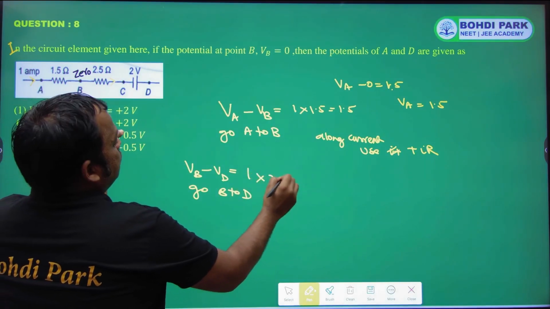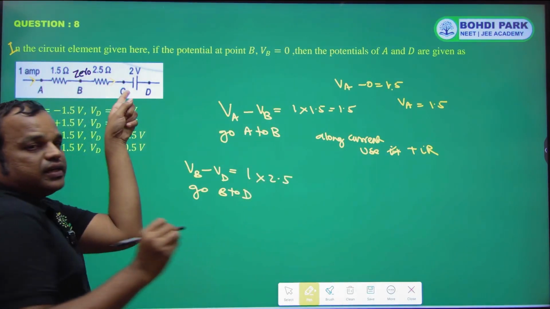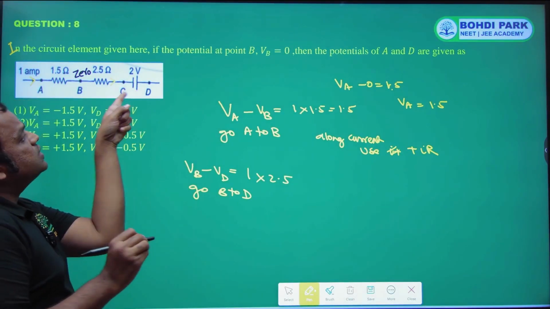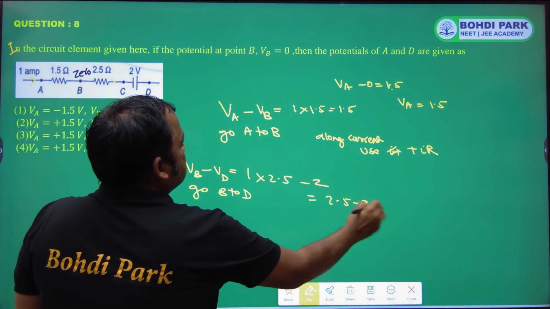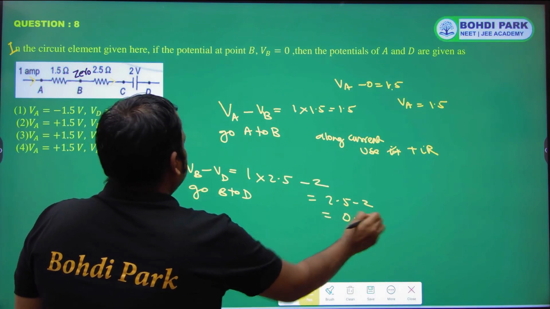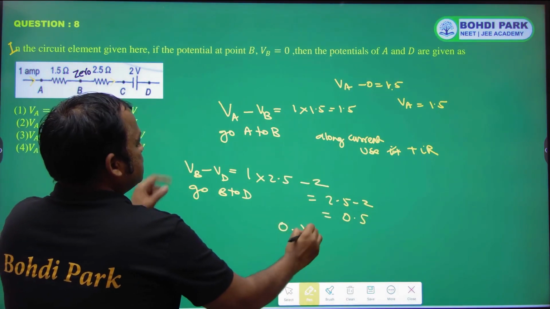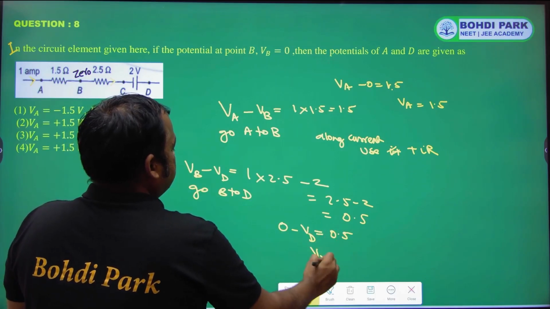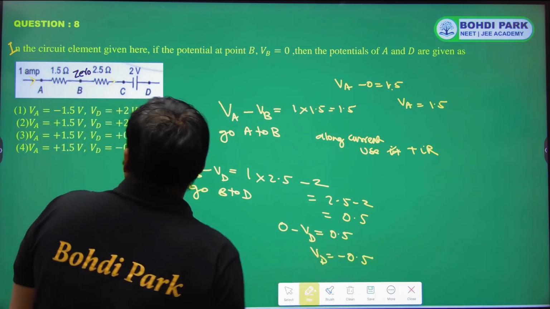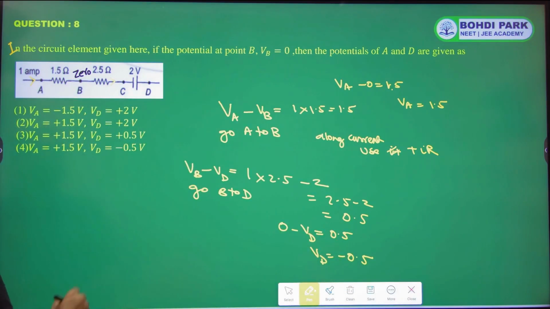So 1 into 2.5. Now we are getting the negative terminal of the cell. So that is minus 2. So 2.5 minus 2. So that is 0.5. So VB is 0. 0 minus VD is 0.5. So VD is equal to minus 0.5 and VA is equal to 1.5. Okay, so fourth option. Next.